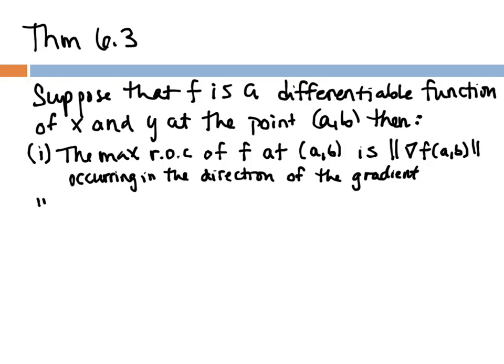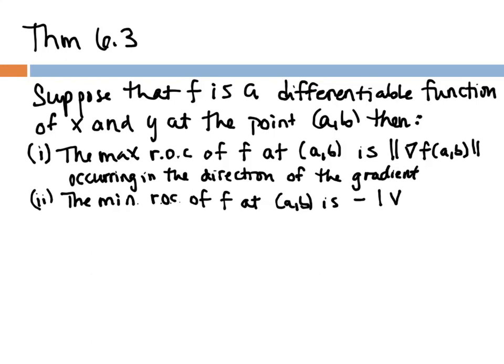All right, second point. Same idea, but it's for the minimum. The minimum rate of change of f at the point (a, b) is simply the opposite, or the negation of the gradient value.